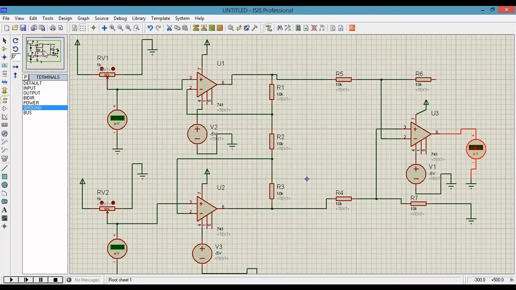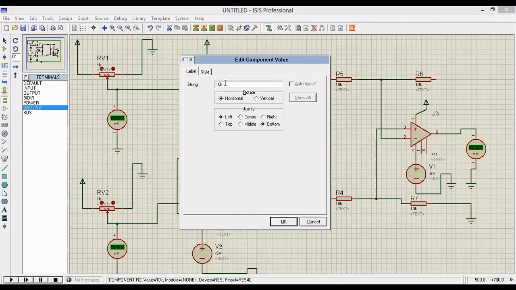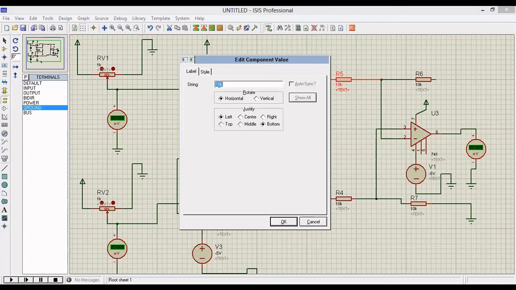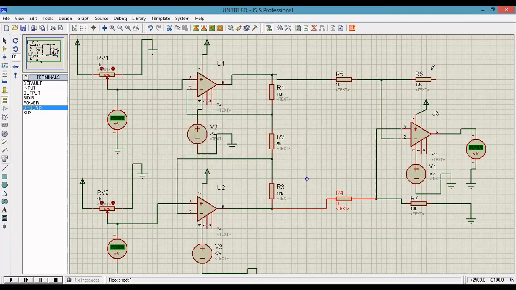Now change the resistance values. This is 10 kilo ohm, and this is 10 kilo ohm, and this is 5 kilo ohm. Next, these two resistors are 1 kilo ohm. Next, this is 2 kilo ohm.